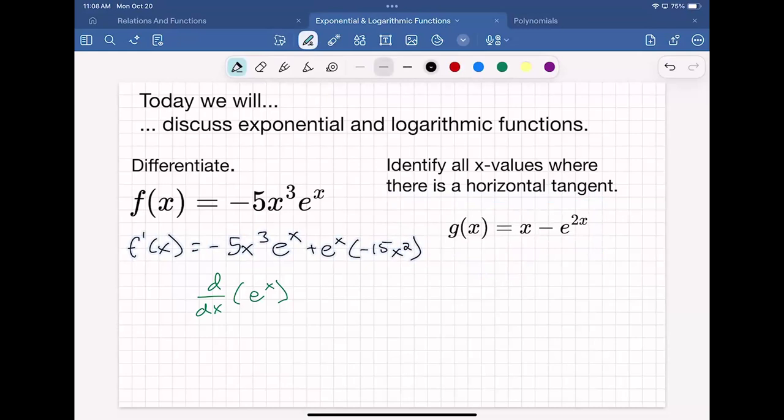With the 15x squared, that's where it's coming from. All right, so keep in mind what we're seeing here is the product rule: first times derivative of the second, second times the derivative of the first.